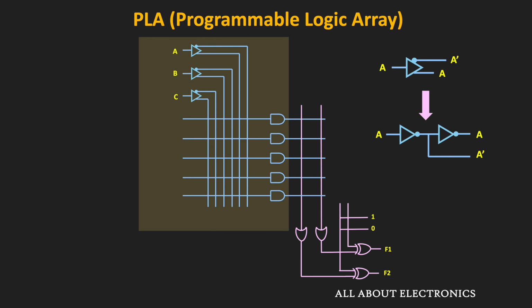For example, if both A and A dash are connected to the AND gate, then as you know, A dot A dash is equal to 0. So by default, the output of the AND gate will remain 0. But through programming, we can remove some of the interconnections and it is possible to implement a specific product term.